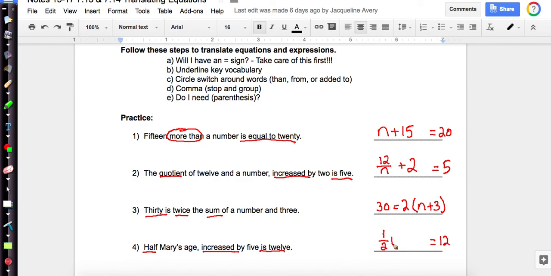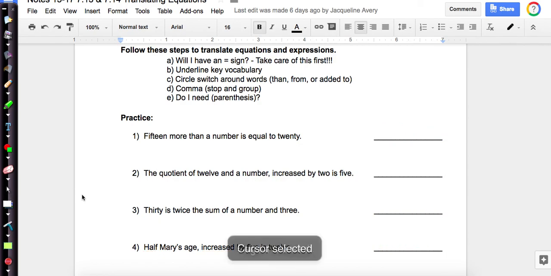Anytime I take a fraction of something, I put the fraction in front of the letter. Okay, and it says increase by 5, so plus 5. Now here's an important reminder. When you're writing a fraction and a letter next to the fraction, make sure the letter is in the middle, not on the bottom, because if it's on the bottom, it totally changes the equation.